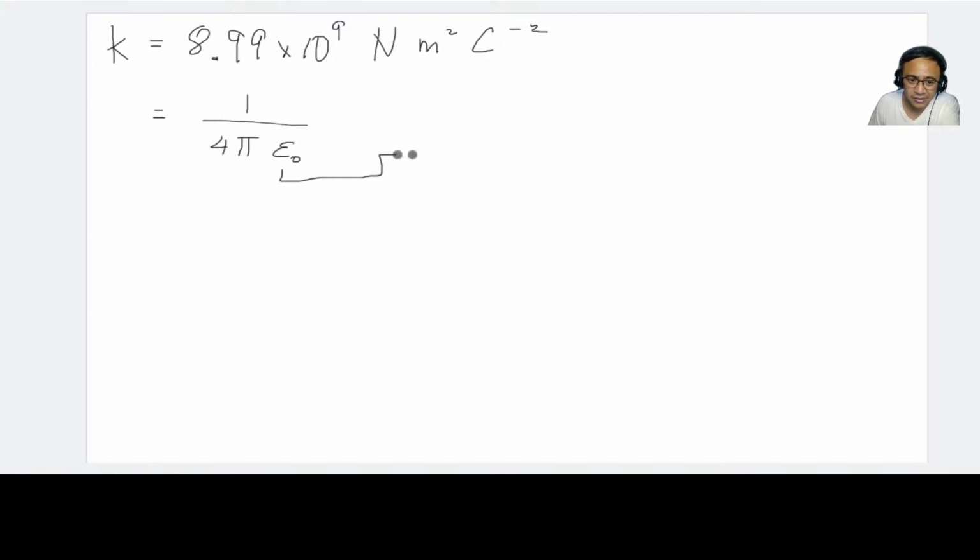This constant is called the permittivity of free space. Think of free space as a vacuum. Now, what does this particular constant mean?